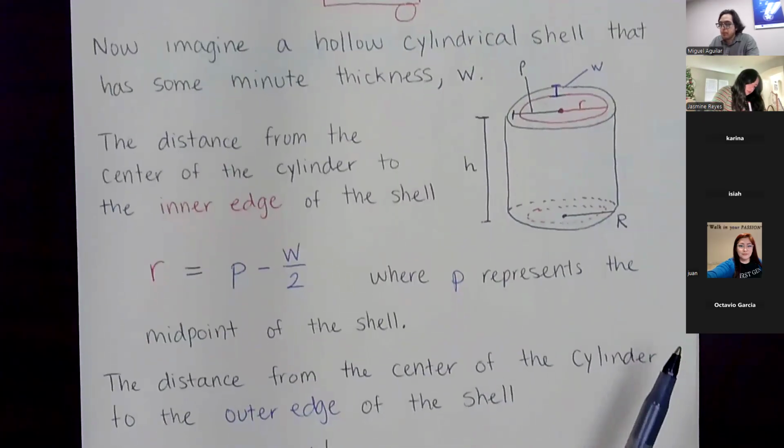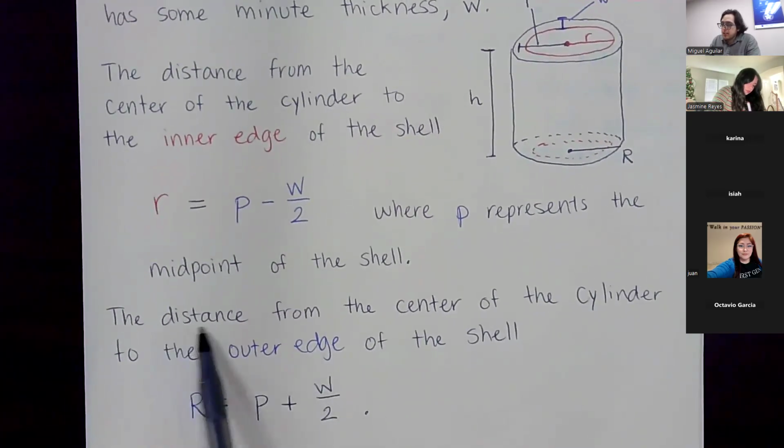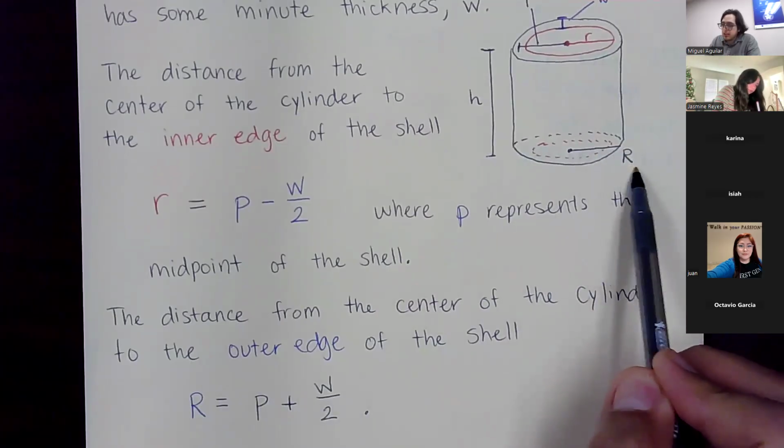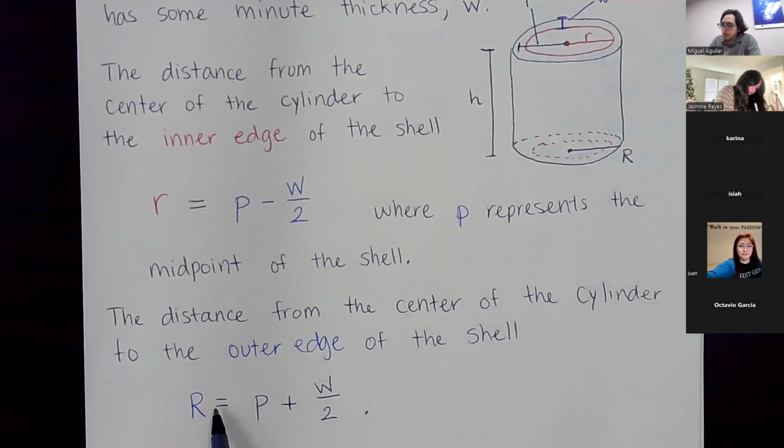Then the distance from the center of the cylinder to the outer edge, represented here by capital R, is going to be a very similar formula, equal to p, the distance to the midpoint, plus half of the width of the shell.